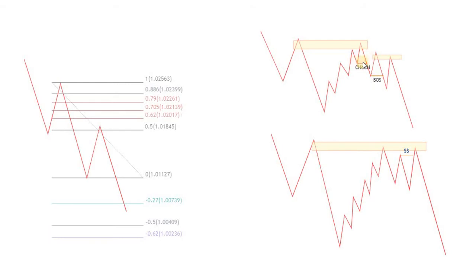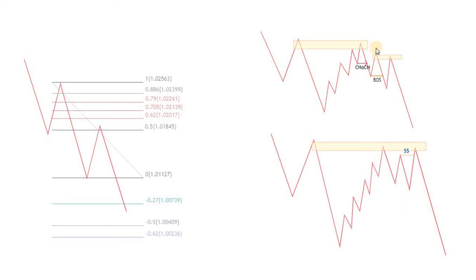After having the change of character, we are going to wait for the break of structure before we think of taking sells. Yes, of course, most people would want to take sell after this change of character. They want to see price return to origin and take their sells from there.